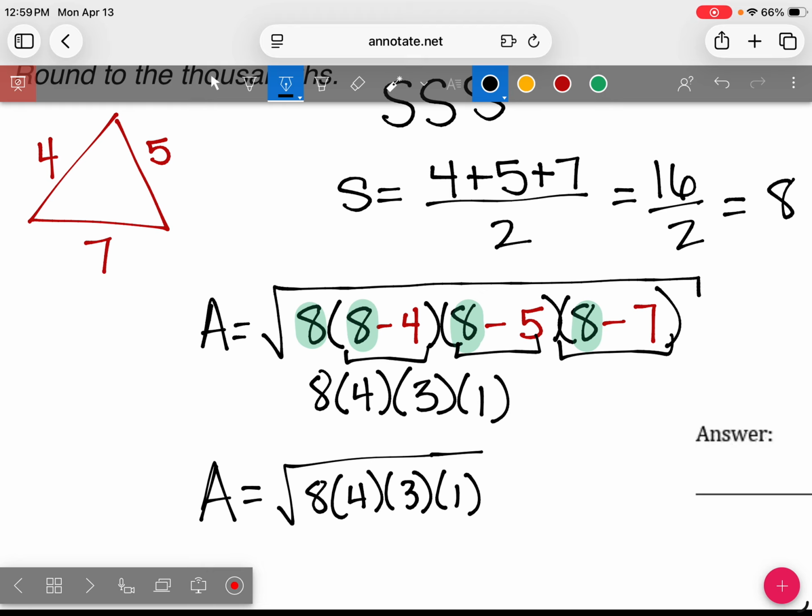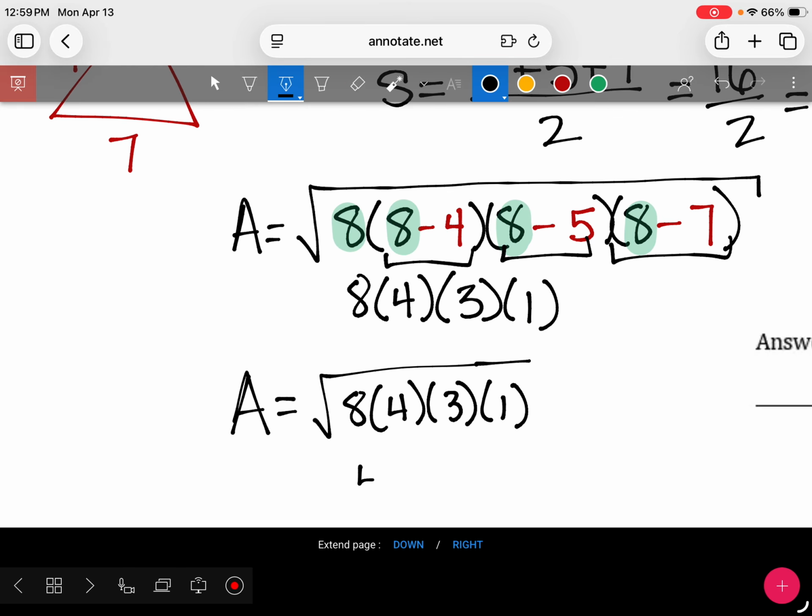So what I got when I did this was 9. The calculator will say 4 root 6, but we want that in terms of a decimal.